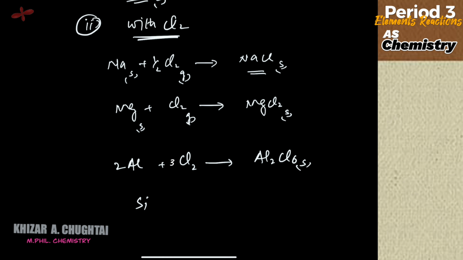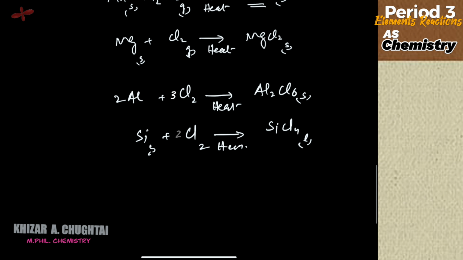The next one, silicon, again is strongly heated. I mean, heat is the essential condition in all these sorts of reactions. Here we heat silicon strongly with chlorine to give SiCl4, that is a liquid. Phosphorus P4 reacts with chlorine. In case of limited chlorine, it's going to make PCl3, and PCl3 is a liquid at room temperature.